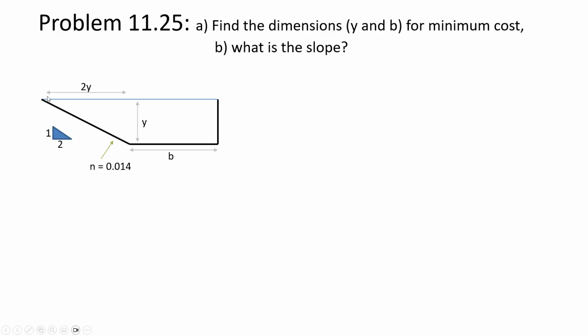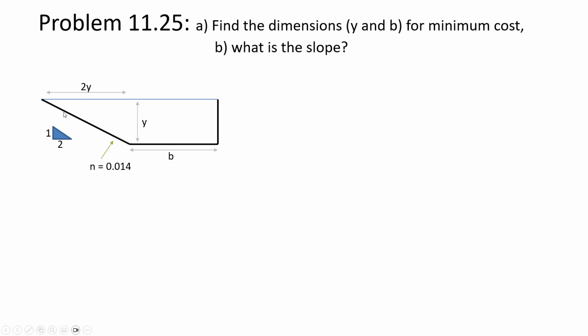So they're telling us that it's got some bottom width B, the water flows at depth Y, and it's 2-to-1 on the left side, meaning 2 units of horizontal for the side slope for every 1 unit of vertical. So you can see that the area of this is going to be B times Y, and then also adding 1/2 of Y times 2Y.